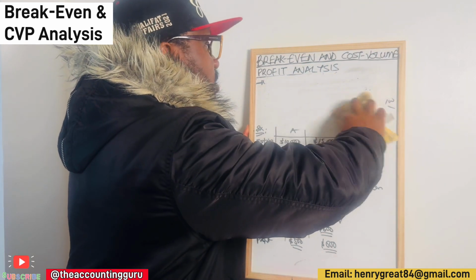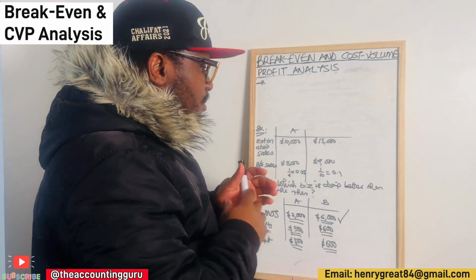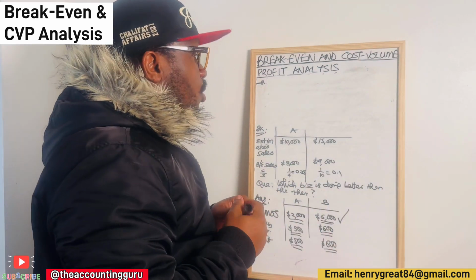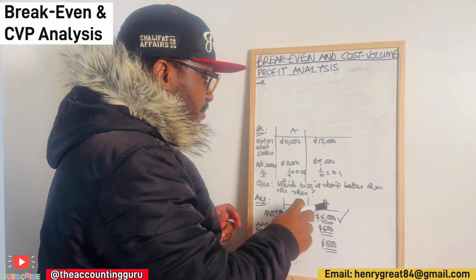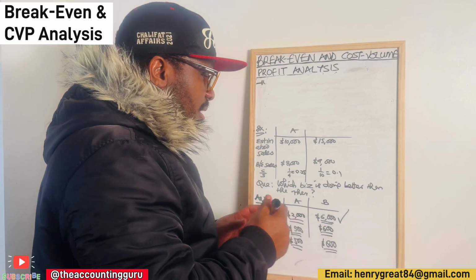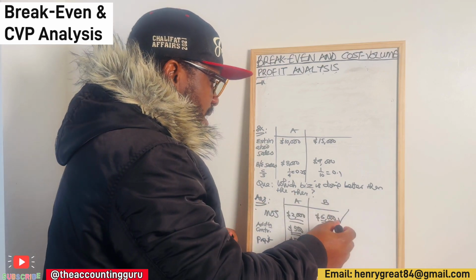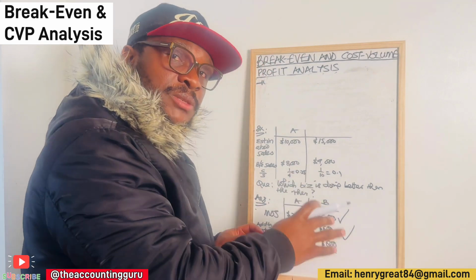So the question is coming in this way. Do not forget that the question clearly asks which business is doing better than the other. All right, so we have clearly seen from two perspectives that business B is doing better than business A because higher margin of safety, that's one. Secondly, higher contribution or higher profit. All right, business B is doing better.